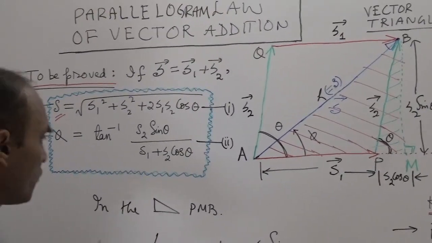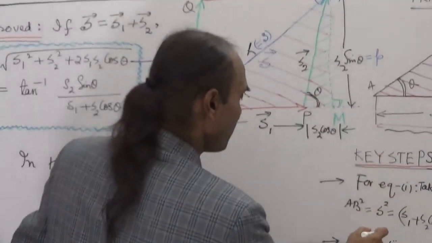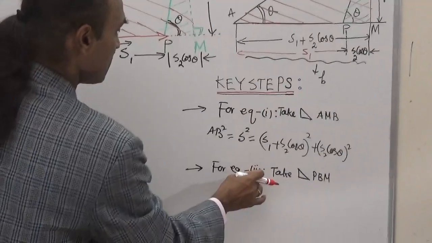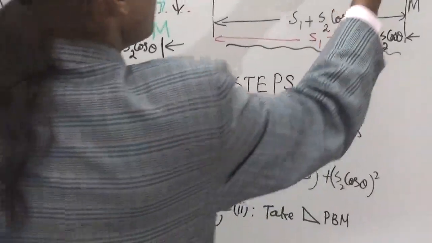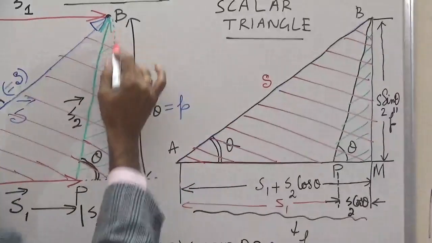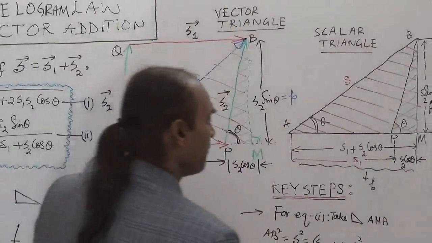For this to prove, the key step is, for equation 2, take which triangle? The green shaded triangle, this one, PMB.